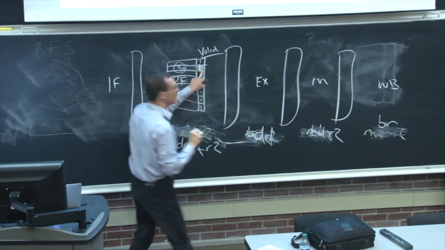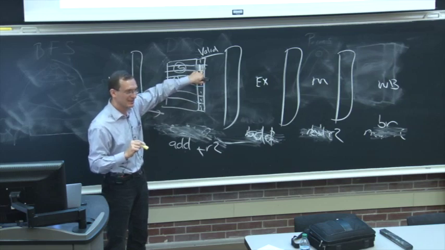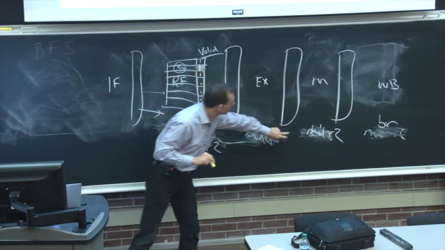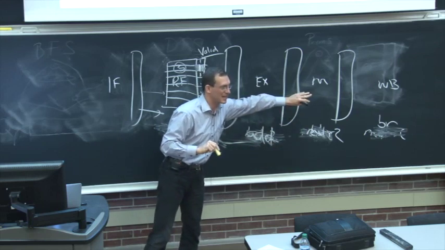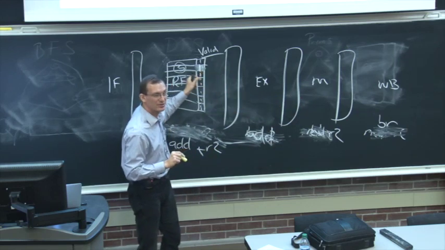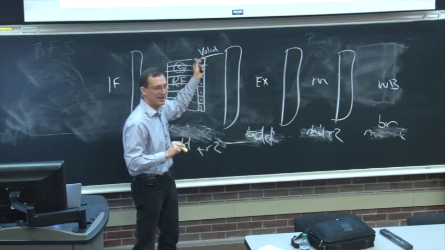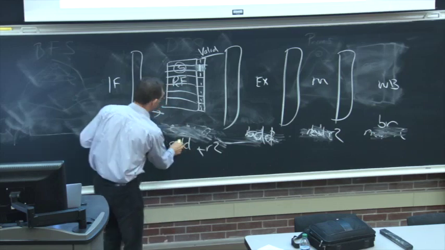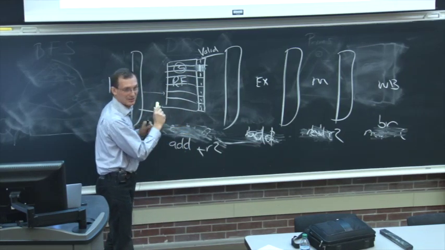Basically, instead of having a valid bit, have a valid counter that counts how many producers of the same register are in the pipeline. And when that counter is 0, then you know that all of the producers have written their values. Now the instruction that's reading the register is safe to go. That should work.